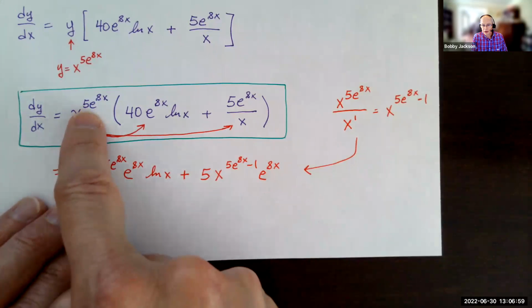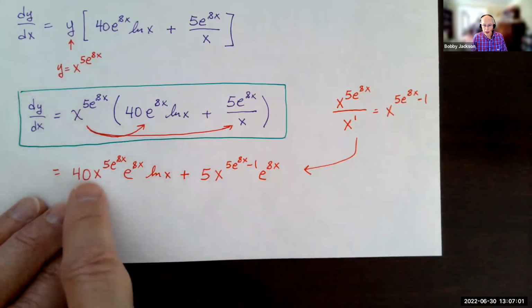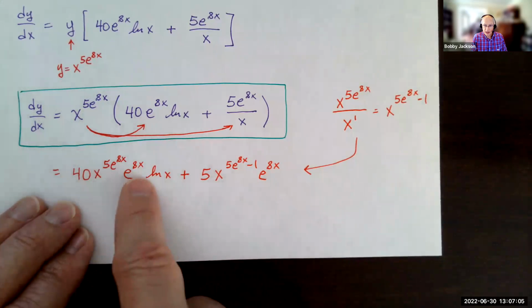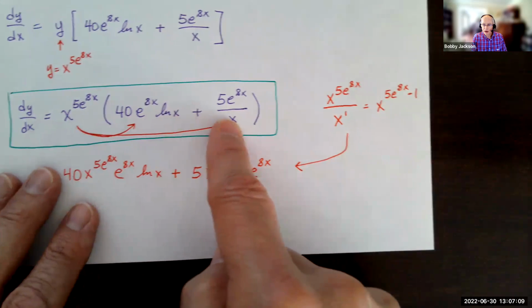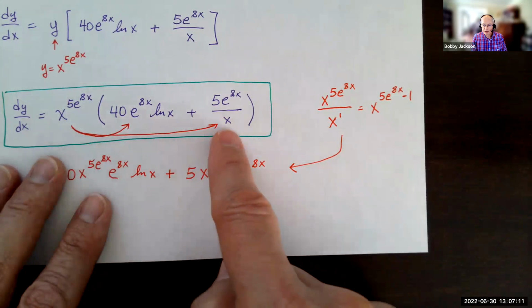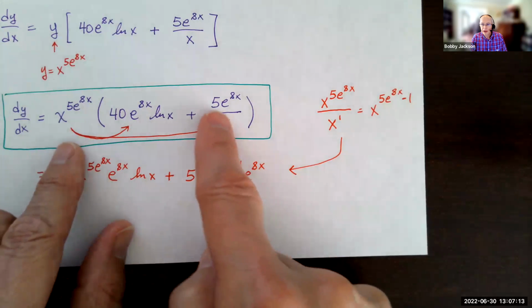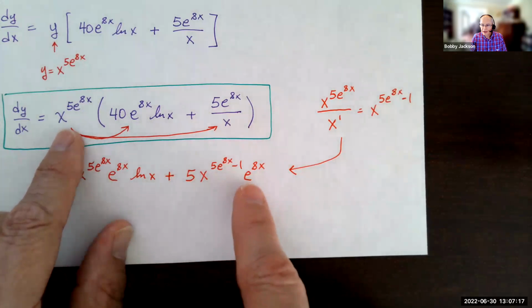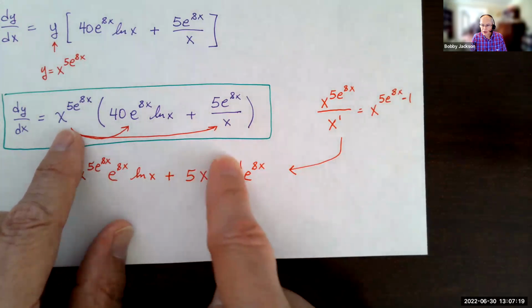x to this power, I get 40 times x to the 5 e to the 8x times e to the 8x times natural log of x there. And then over here, what happens is a little tricky here, but the 5, okay, I've got the 5, and then e to the 8x, which is back here. So what's this stuff here?